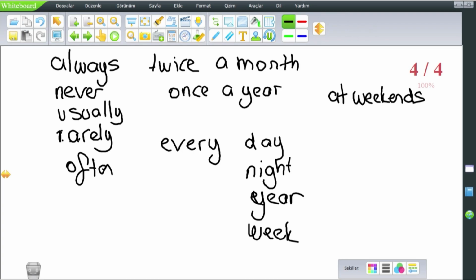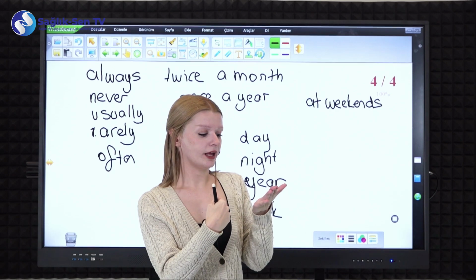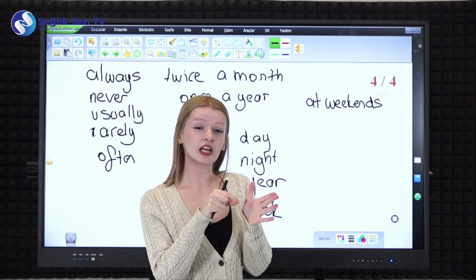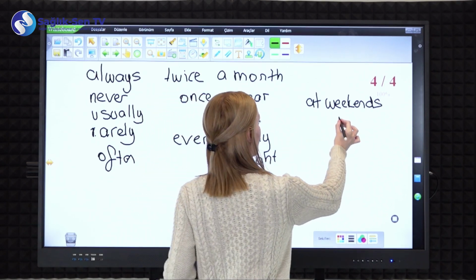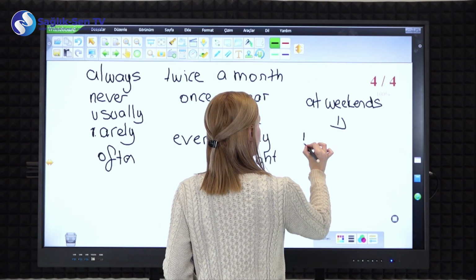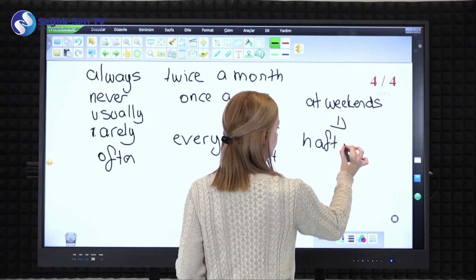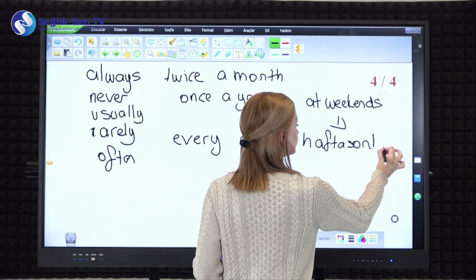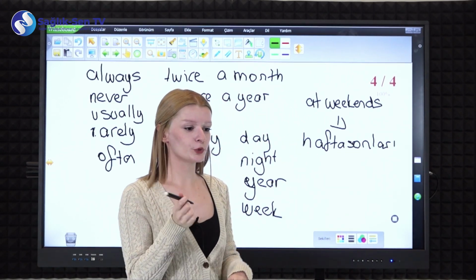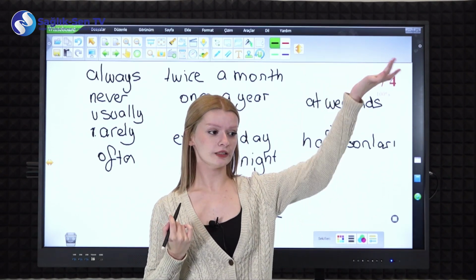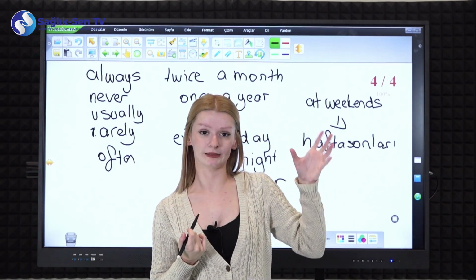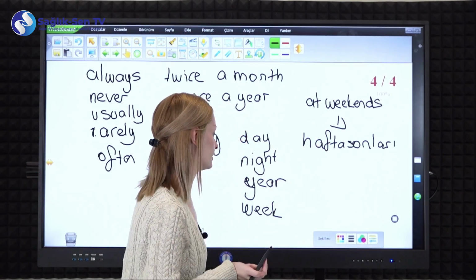An action that happens every weekend. There's a timeline and I do that specific action on every weekend. Bunu da hafta sonları diye çevirebiliriz. Aslında bunun aynısı Türkçe'de de tam karşılık olarak var. Hafta sonları mesela şuraya gitmeyi severim, buraya gitmeyi severim ya da giderim. Bu şekilde örnek verebiliriz.